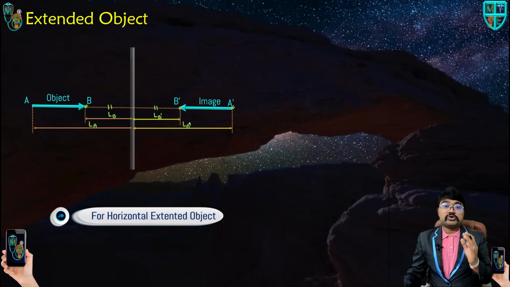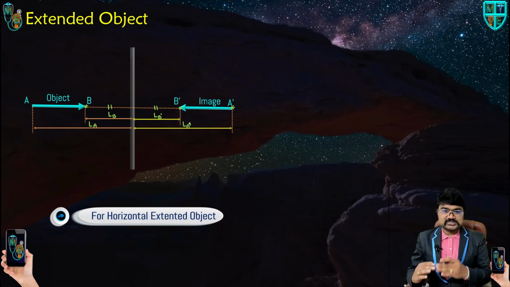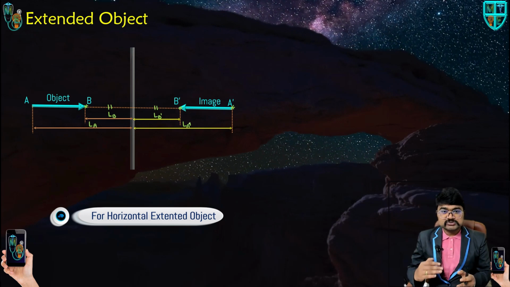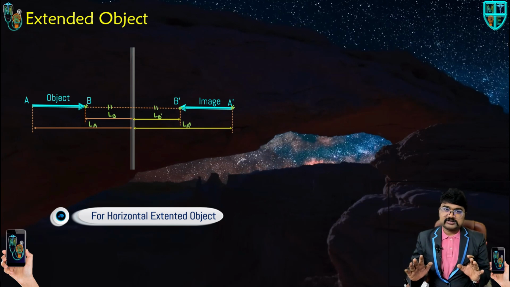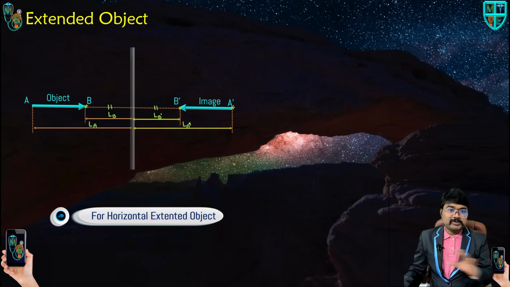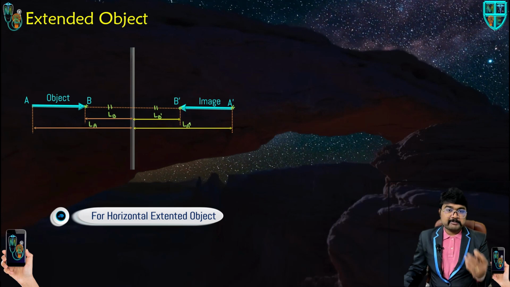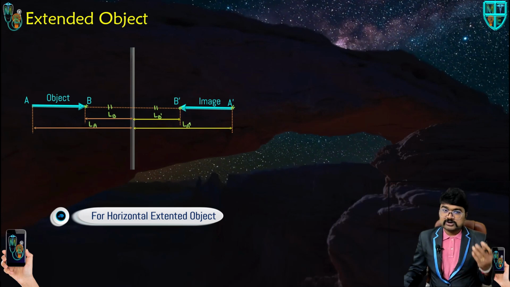So you need to draw the normal from the point. So here extended object. That is why you will be getting 2 points, extreme points, top and bottom point. From that we will be drawing normal to the mirror. After that we will be applying perpendicular bisector concept.